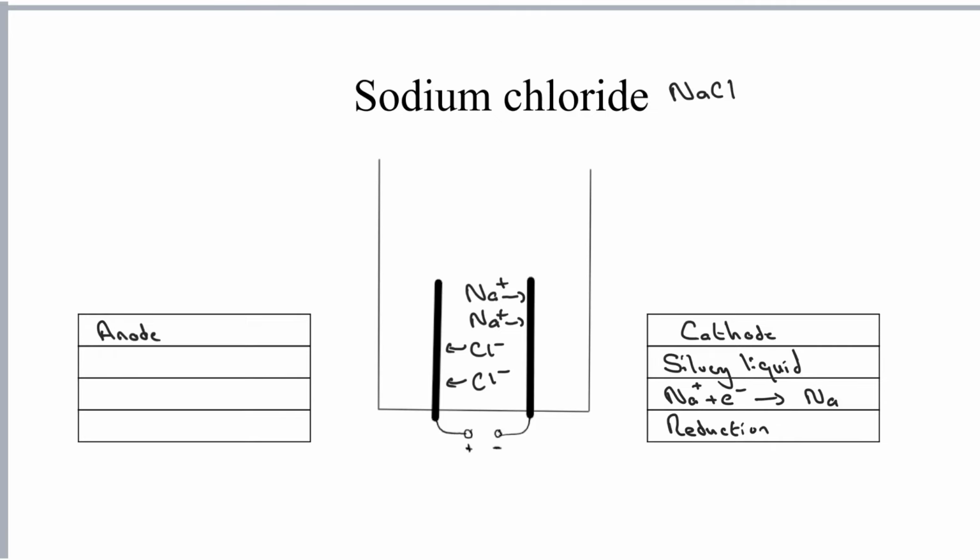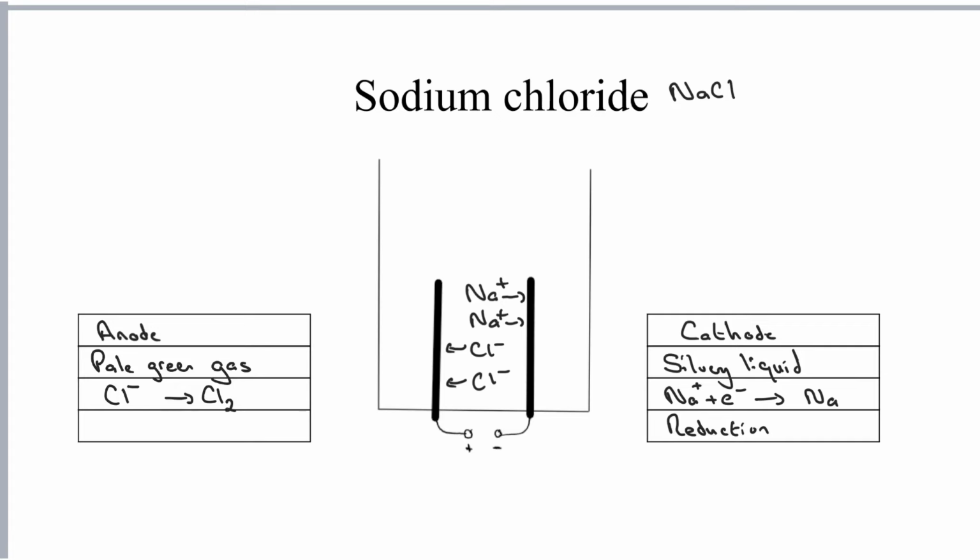Now, at the anode, our chloride ions are going to produce chlorine. That for sure will be a gas. Now, you'd have to have a lot of chlorine to see it as a pale green gas. You probably wouldn't see any colour at all, but let's put it down as a pale green gas. Now, thinking about our half equation, well, chloride ions, as we know, are Cl minus, and chlorine is another diatomic molecule, so that's Cl2.